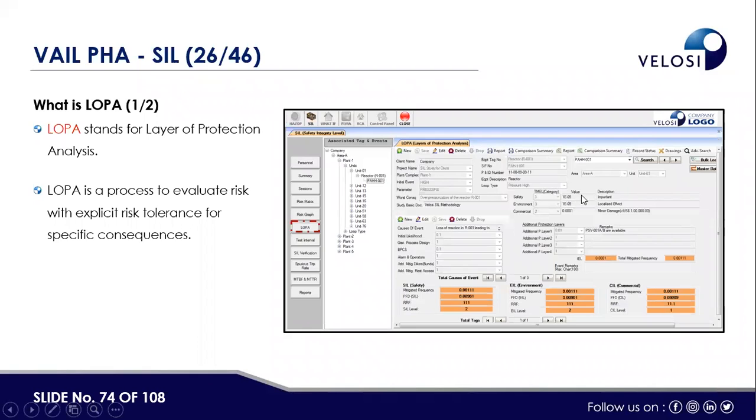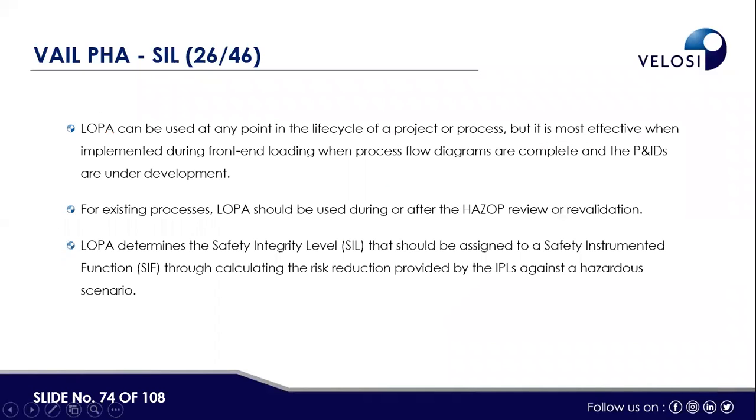Once we set the target value, we know the cause from HAZOP. We have to give the initiating event frequency and then the number of safeguards. All these safeguards will multiply with each other, giving a certain value. Let me explain the next step. It will be better if I go to the next step.